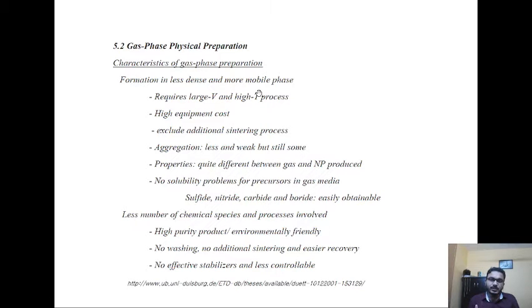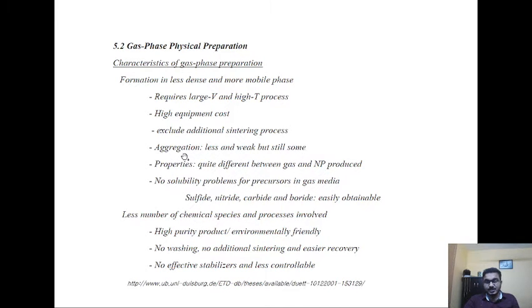So movement will be more in case of gas phase preparation. It requires large volume and a high temperature process. Apart from that, it has high equipment cost. It also excludes additional sintering processes, so it doesn't require an additional sintering process.